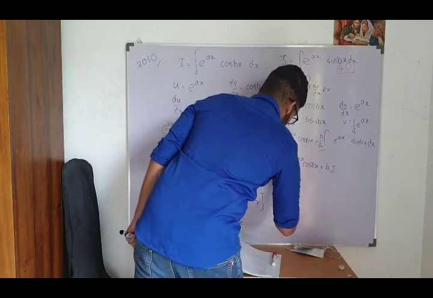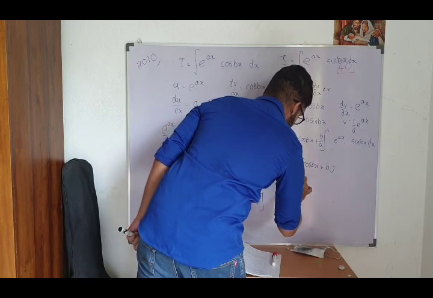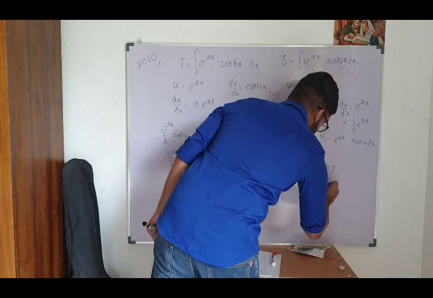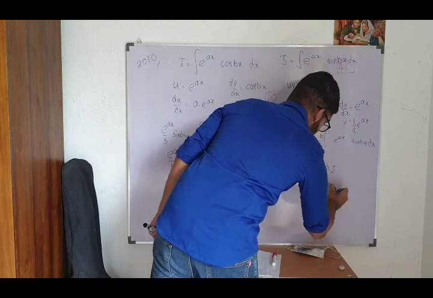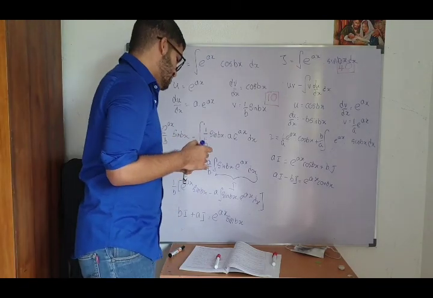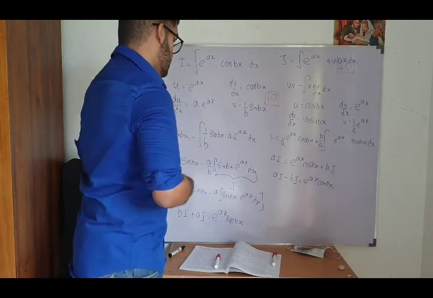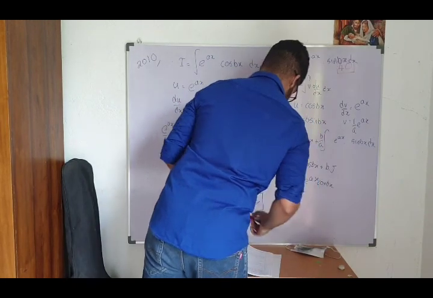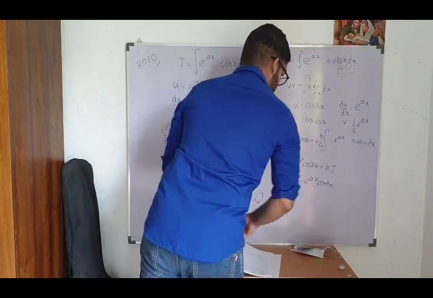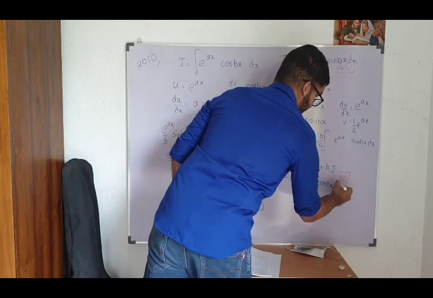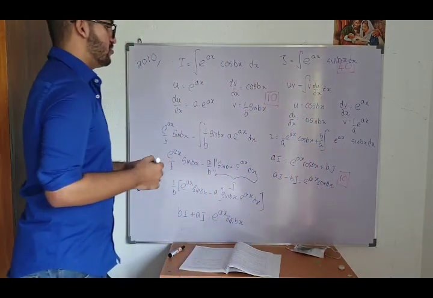So therefore a·I minus b·j is going to be equals to e^(ax) cos bx, and that's it. So now that you have proved the second one, you get a total of 10 marks for this simplification, right?